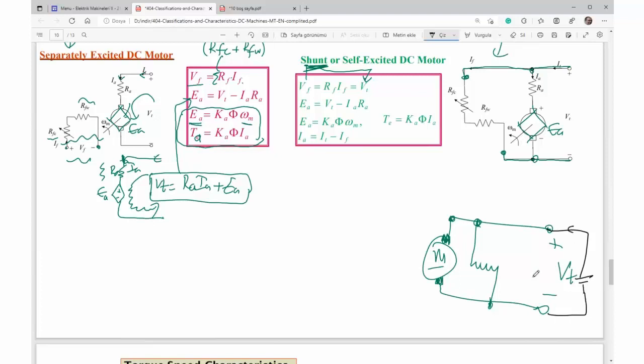Here's the terminal voltage supplied by battery. Here's the load current. Here are two branches. One is field current, one is armature current. That is motor operation. Here's the mechanical output in terms of torque and angular speed of the shaft. Okay.